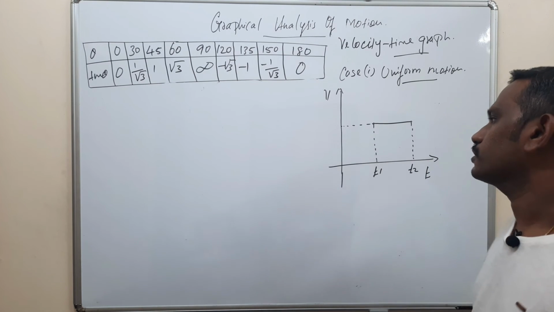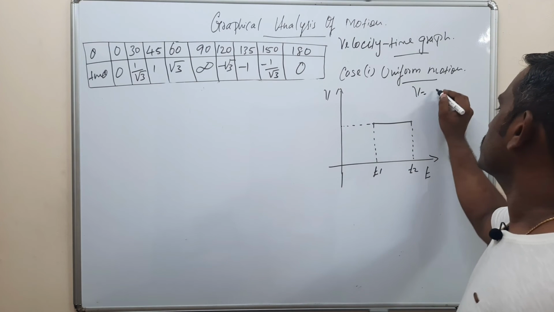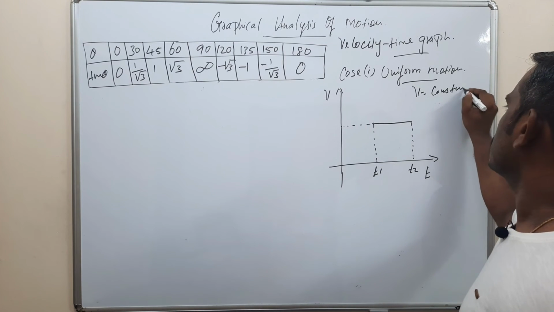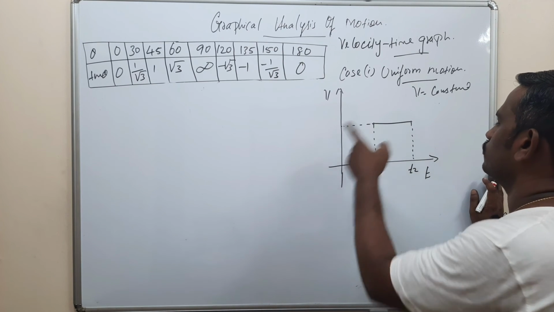That is uniform motion. Uniform motion means velocity is constant. So this is the graph.